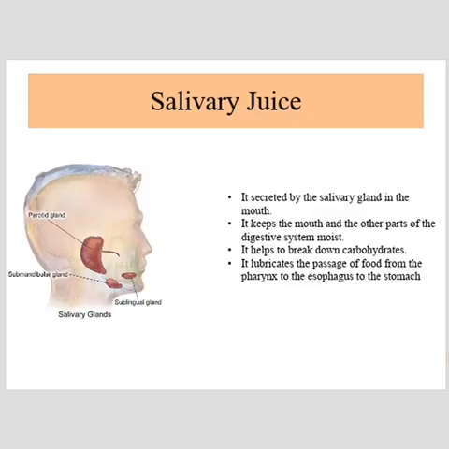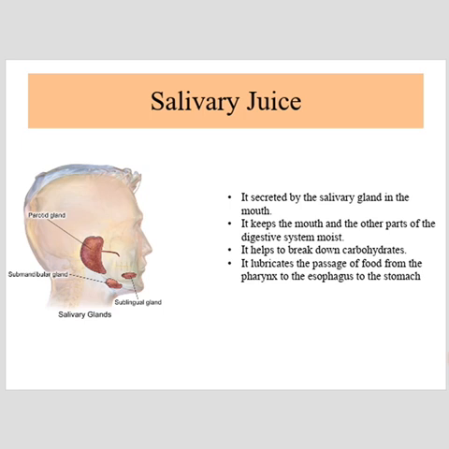So here we start with the salivary juice, which is secreted by the salivary gland in the mouth. First, the salivary juice is secreted in the mouth. It has a function in keeping the mouth and the other parts of the digestive system moist.